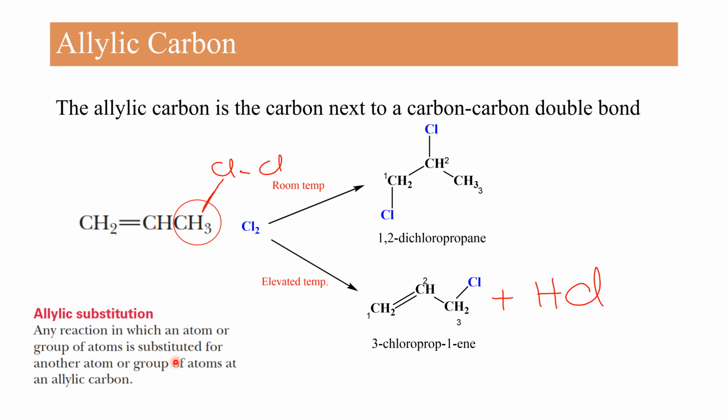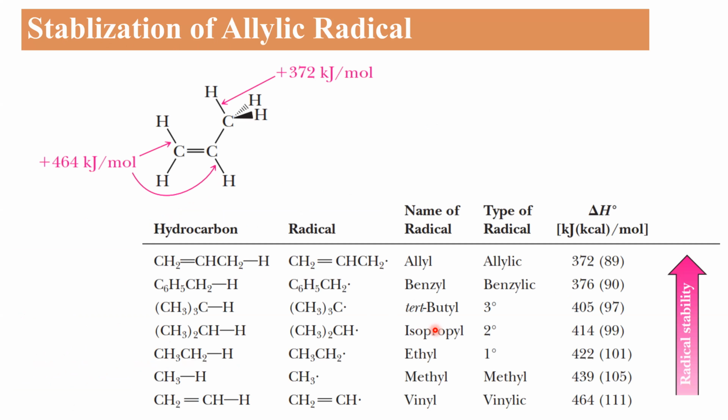So next is this one. Why, at the elevated temperature, are we experiencing that this is undergoing the allylic radical, and we are getting the allylic product rather than the addition reaction?